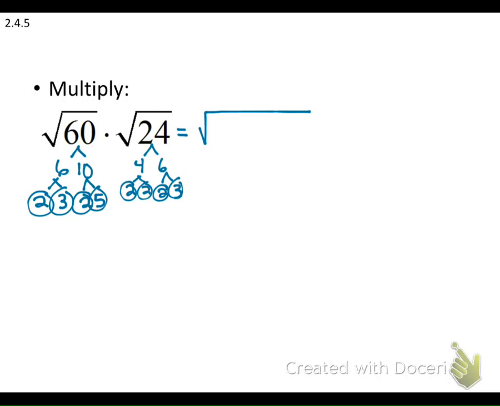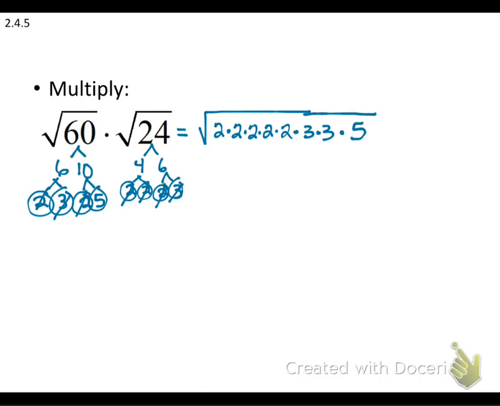So, when I go to put them in order, how many 2's am I going to write out? 1, 2, 3, 4, 5. Then from there, how many 3's am I going to write out? 2. So 1, 2. And then what? 1, 5. And then make sure my square root sign is long enough to cover all my numbers.